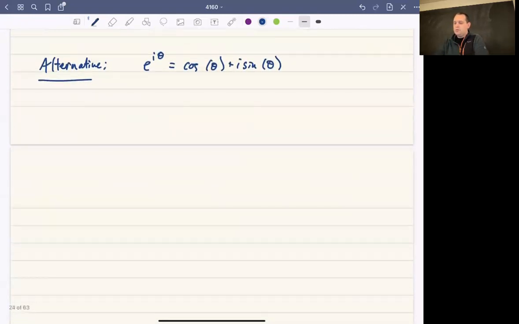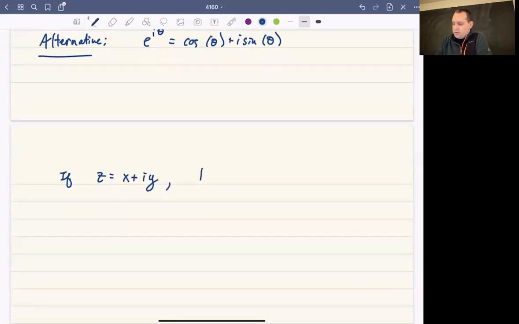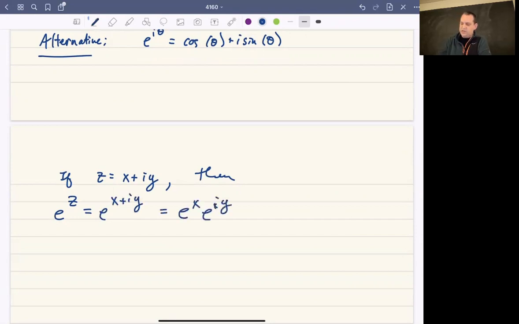Now, the reason why this notation is useful is that if you were to take some generic complex number z, which is x plus iy, then e to the z gives us our polar form, because what happens is you get e to the x plus iy, which is e to the x times e to the iy. And actually, I need to justify that just slightly. But e to the x is just e to the x. x is a real number, so e to the x is just some real positive value.